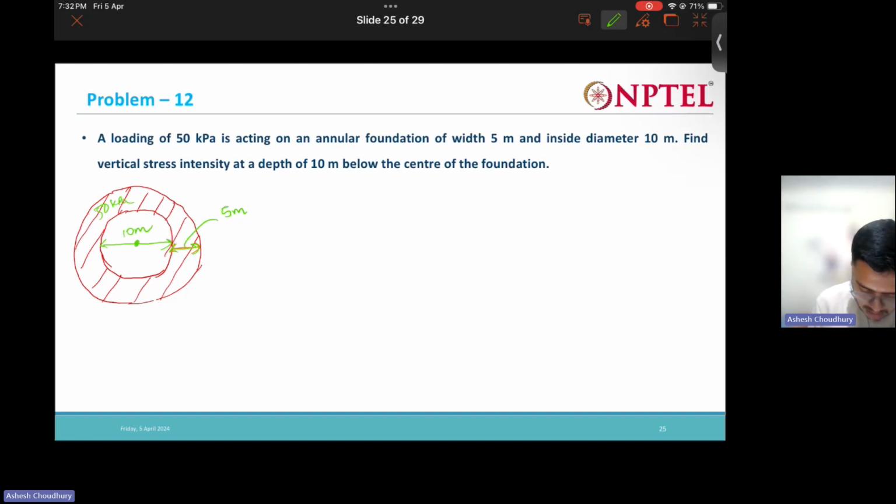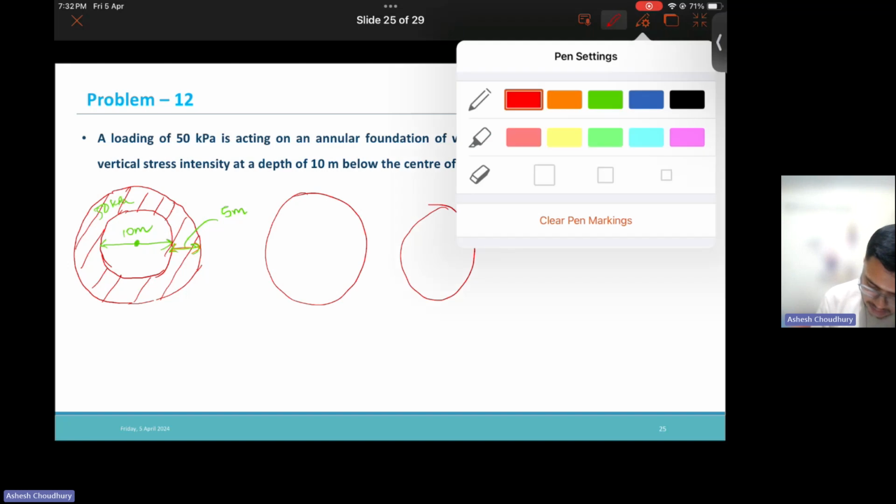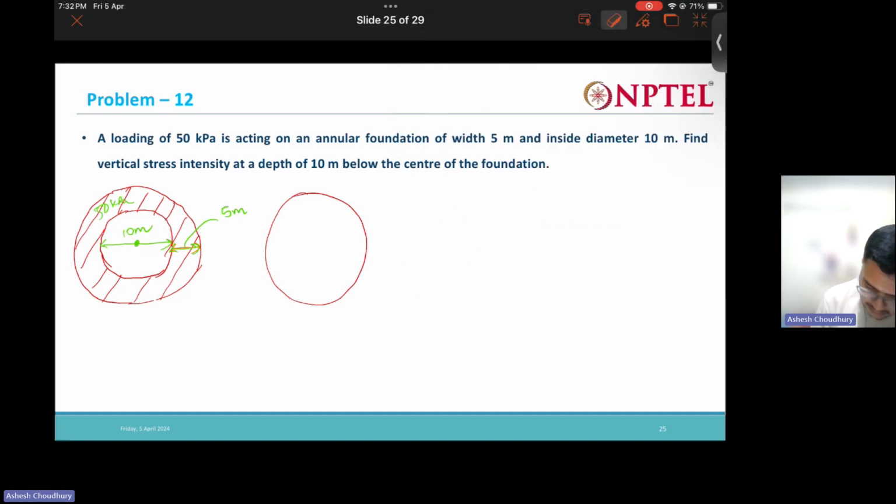Now, what we can do, we can find out the stress for a circular loading, the outer circular loading, complete loading, and we can deduct the inner one. So the two circles we can consider.